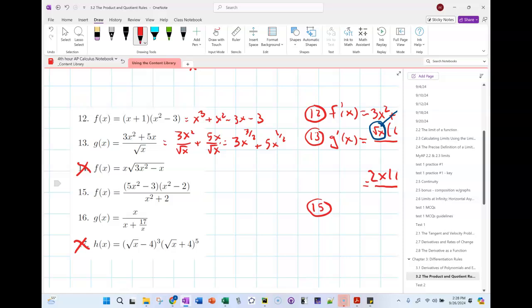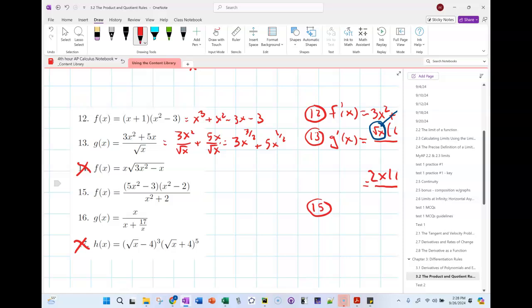Is there anything you'd like to do before you start using the quotient rule? I would. And the reason I would is because if I don't, when I'm doing the quotient rule and I take the derivative of the top, I would then have to do a product rule inside of my quotient rule.